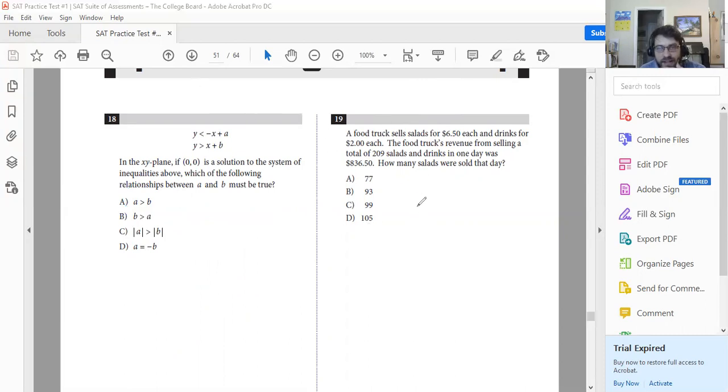Food truck sells salads for $6.50 each and drinks for $2 each. So the cost of the salad is $6.50 each. And the drinks are $2 each. The food truck's revenue from selling a total of 209 salads and drinks. So if S is our number of salads, D is our number of drinks.